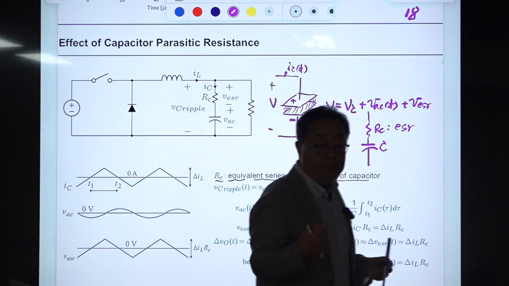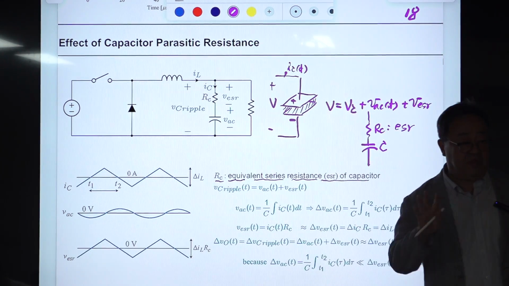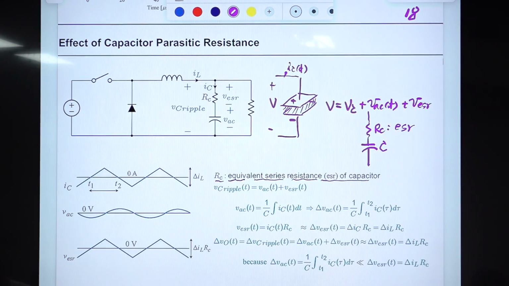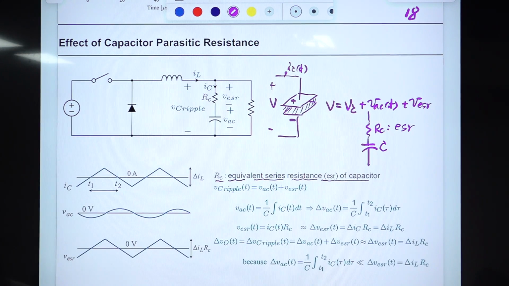If you measure this using an LCR meter, what you are getting is just garbage. You should use something else. You should use a frequency analyzer to measure this capacitor, RC, and L, the parasitic inductance, if it exists, right? We'll cover that topic later.